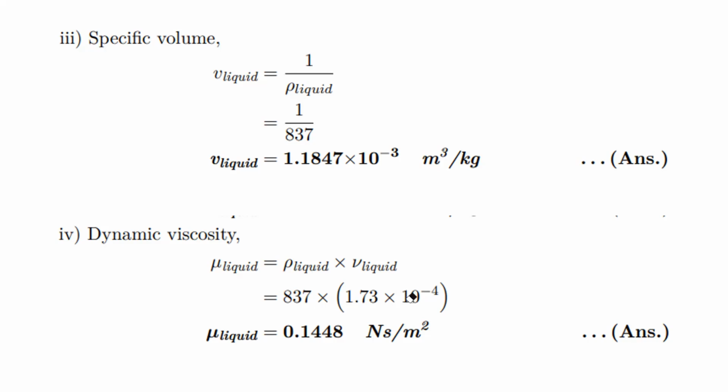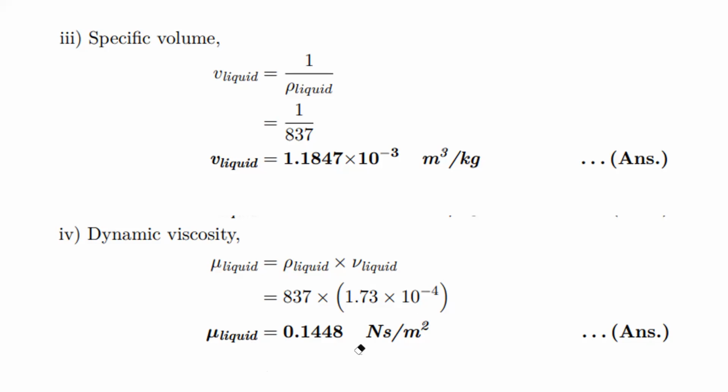1.73, when you multiply with 10 to the power of -4, then Stokes will be converted into SI units. CGS unit Stokes is converted into SI unit, meter square per second, of kinematic viscosity. So after simplifying this one, you'll get mu liquid, that is dynamic viscosity of the liquid, as 0.1448 Newton second per meter square.